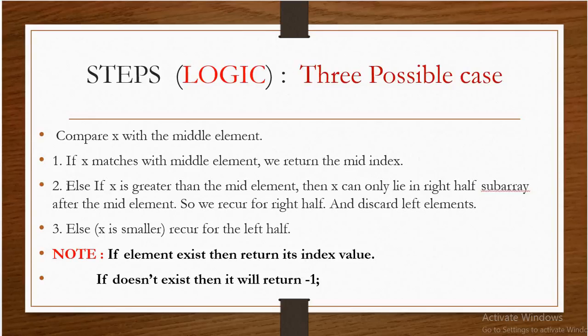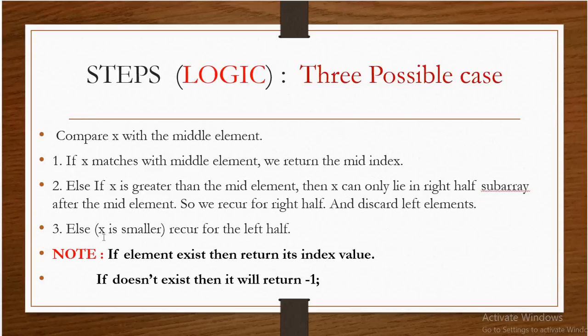And if not matched, then next we will check if the user's input is greater than our middle element, then x can only lie in the right half. We can easily understand it is only in the right half because the middle element value is smaller and our input value is greater, and it is in sorted order, so we do not need to check the lower part, we will check only the upper part.